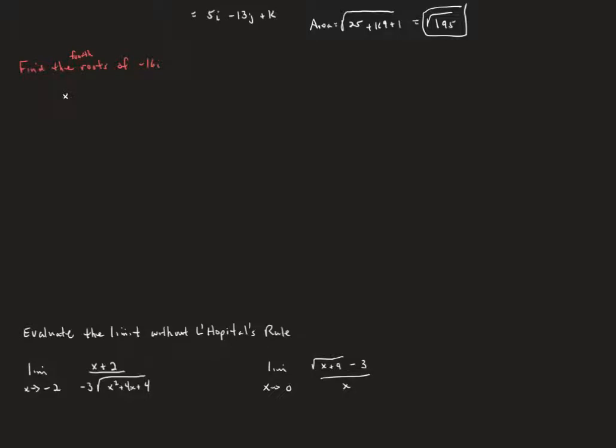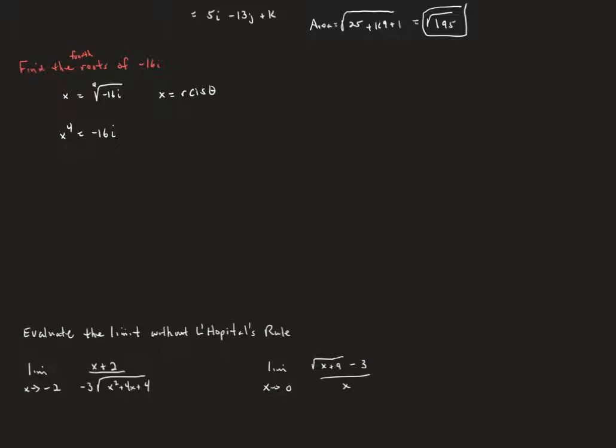So if we say x is going to be one of the fourth roots of negative 16i, and we're going to think of x as being r cis theta, that's its polar form, then we'll get x to the fourth is negative 16i. We're going to write both sides of this equal sign in polar form.